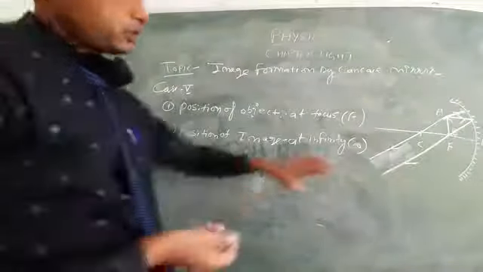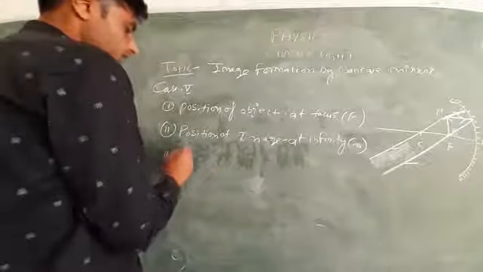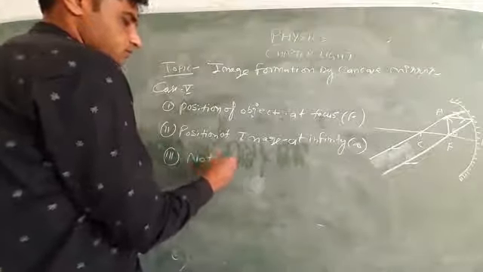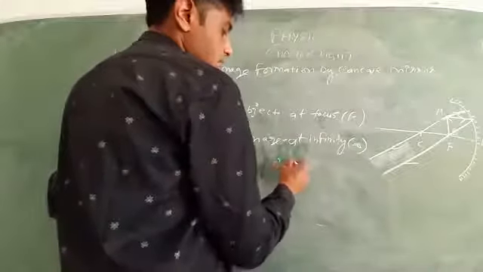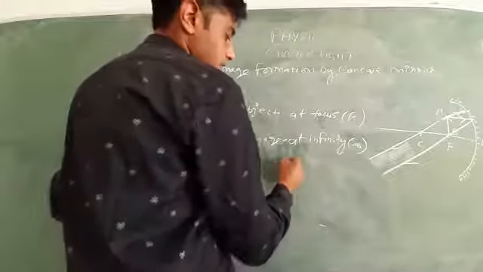And the position of image is in front of the mirror, so the nature of image is real and inverted, because as you know, a real image is always inverted. And the size of image is enlarged with respect to the object.